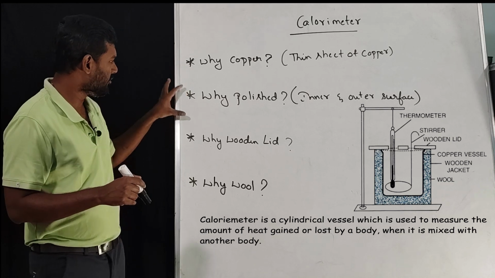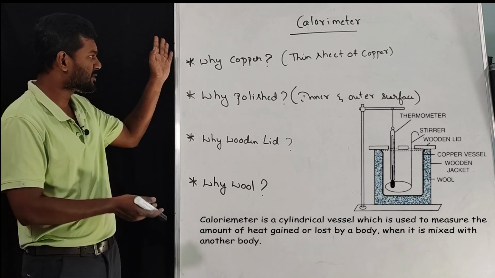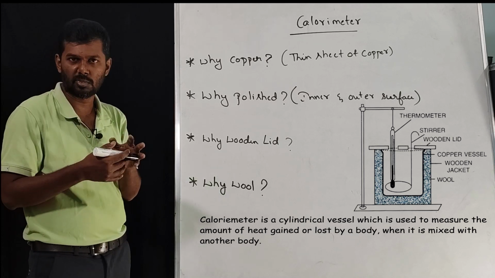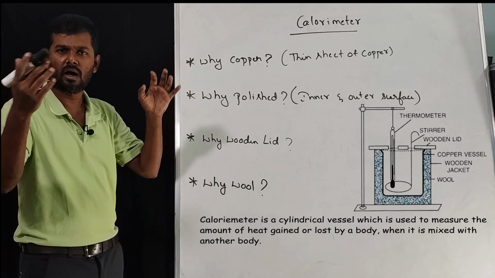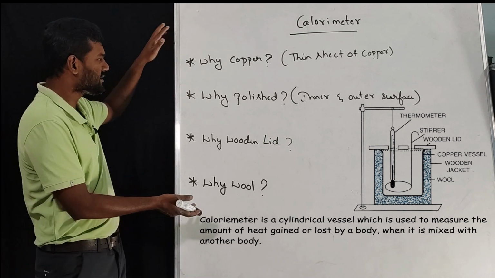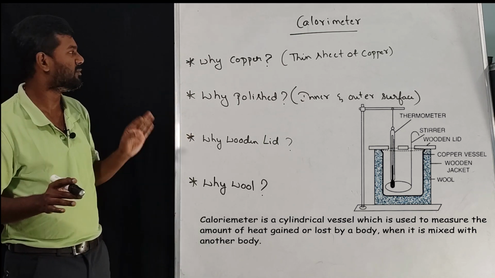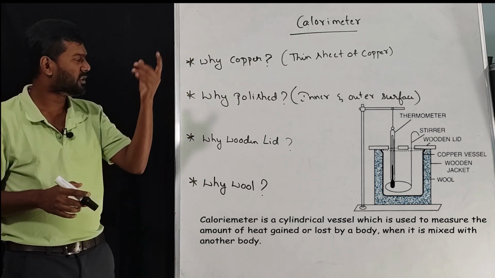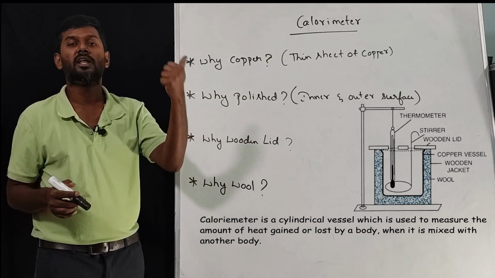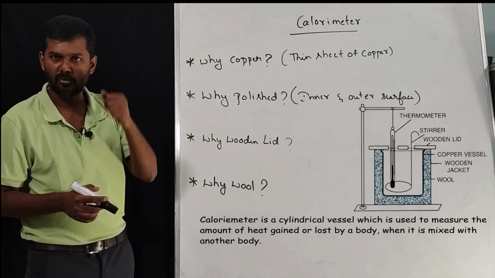Now these are the four give-reason questions you can expect in the exam. Calorimeter is actually not in the syllabus, but for competitive exams these are very helpful, and only these kinds of questions they will ask. Listen, why copper? They'll use a thin sheet of copper for the calorimeter.